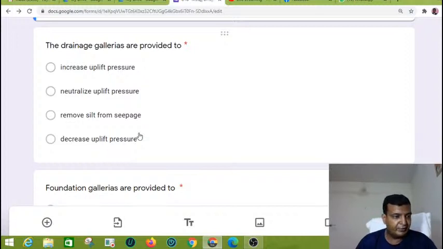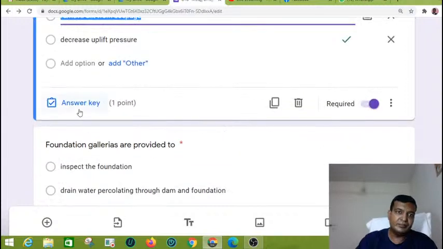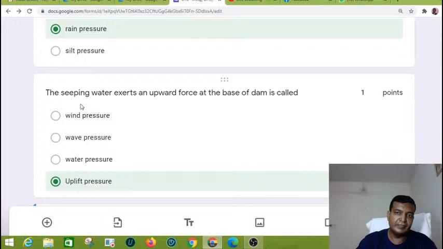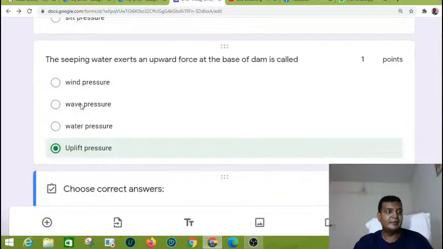It is required for the decreasing of uplift pressure. So answer is D. Here you can see the answer is D, decrease uplift pressure.